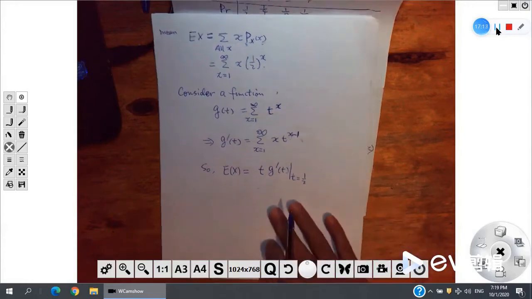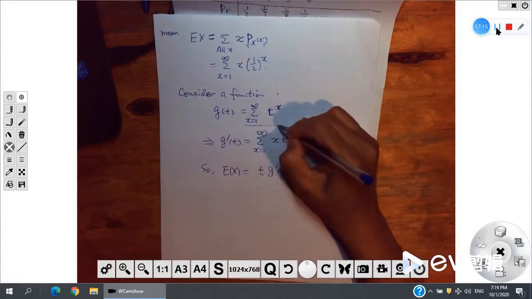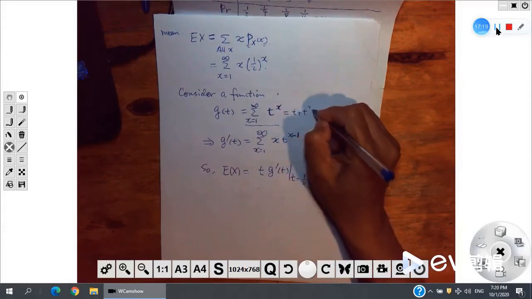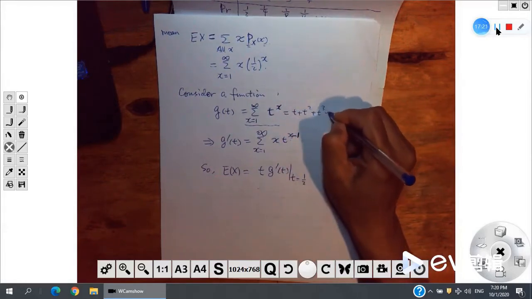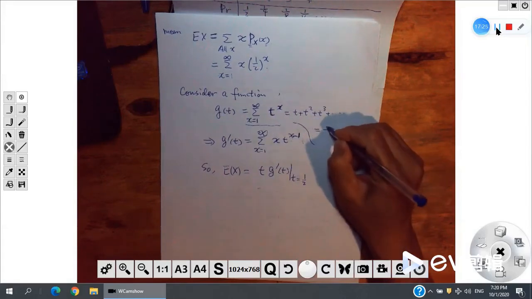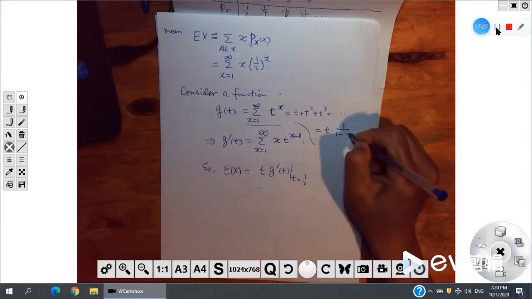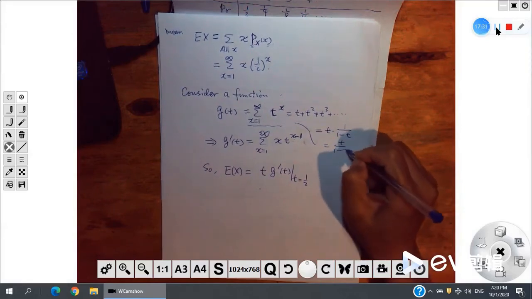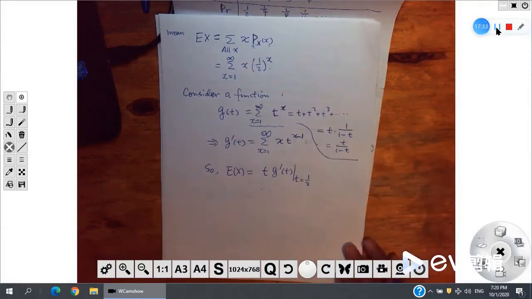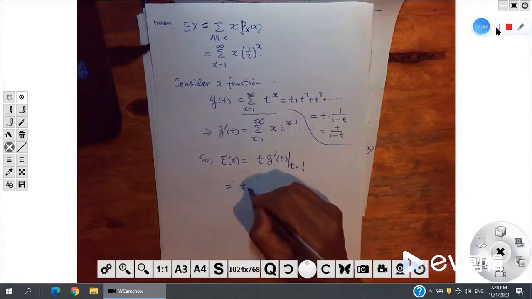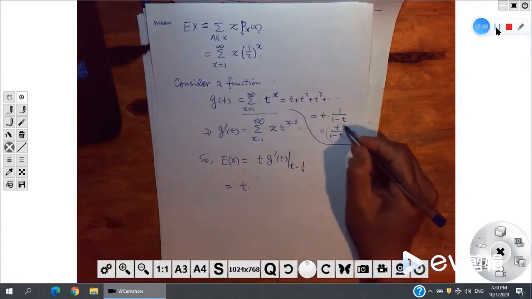Okay. And what is this? This is t plus t squared plus t cubed until infinite terms. So it will equal t times 1 over 1 minus t. In other words, this is t over 1 minus t, right? Okay, now we can calculate. It is t times the derivative of this.